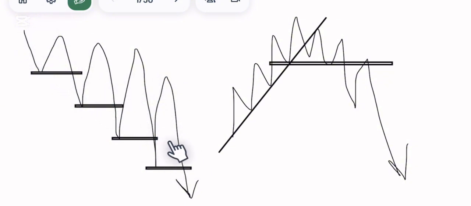So when you identify that it's a bearish market, go to lower time frames and start identifying the market structures. If you see this one here, as price breaks the structure like this, wait for it to reverse. Let's say it comes back here somewhere like this.